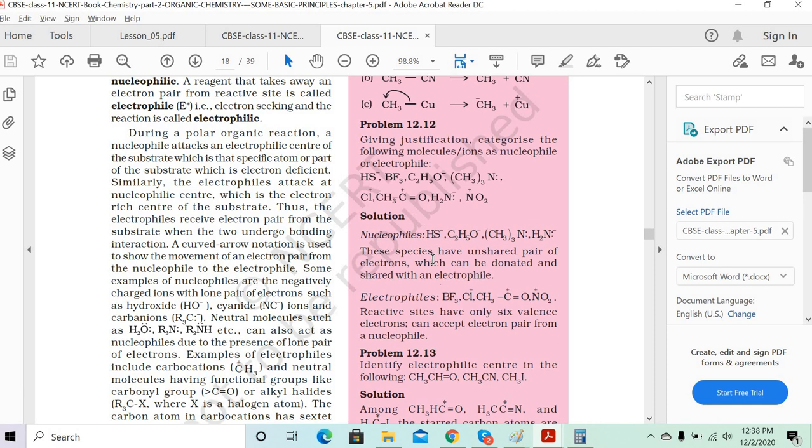Where can it give it? It can only give it to the nucleus which has the positive charge. Negative charge means most number of electrons, so more electrons will be shared with the nucleus which has the positive charge. That means it is devoid of some of the electrons, so this can be shared to that.